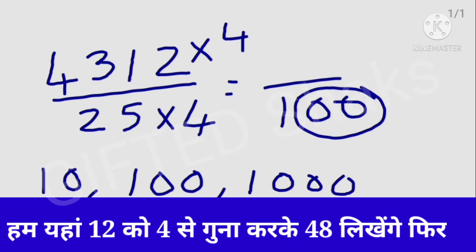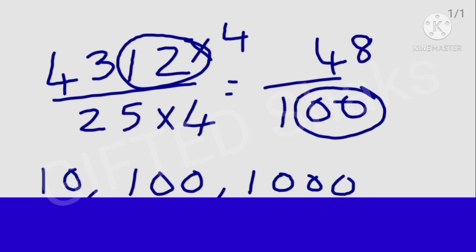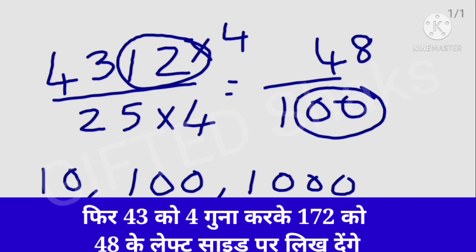Now I know 12 fours are 48, so I put that here. Then 43, if I multiply 4 times, I'm going to get 172. I will double it and then again double it. So 43's double is 86, and then I double it, I get 172. So that's how I do it.